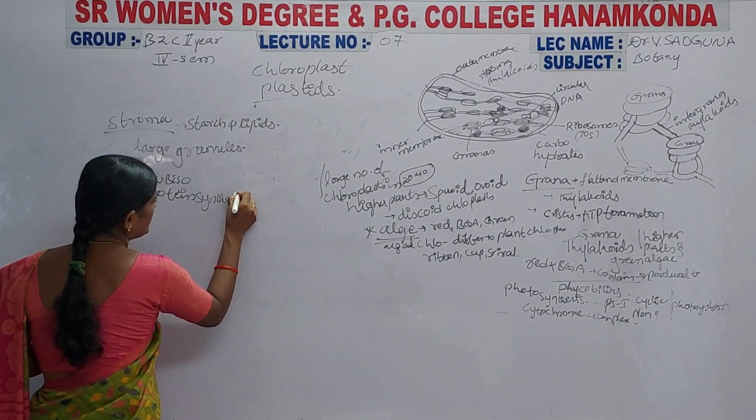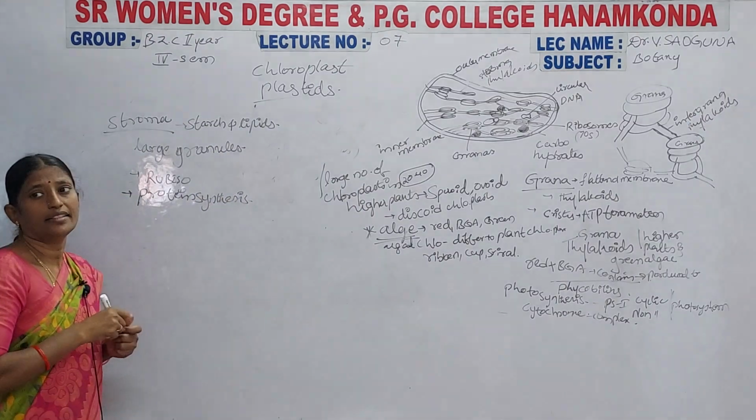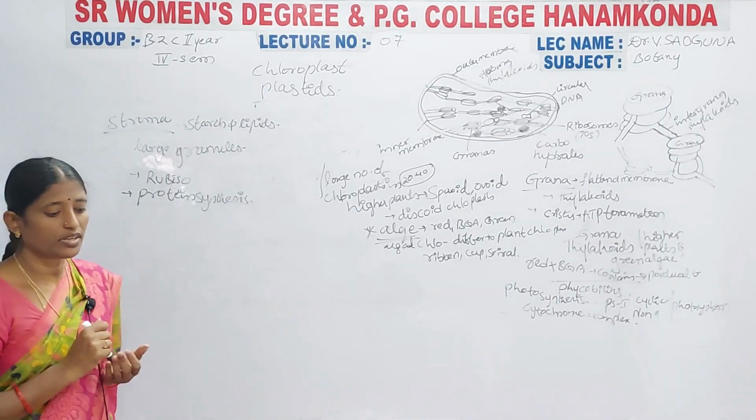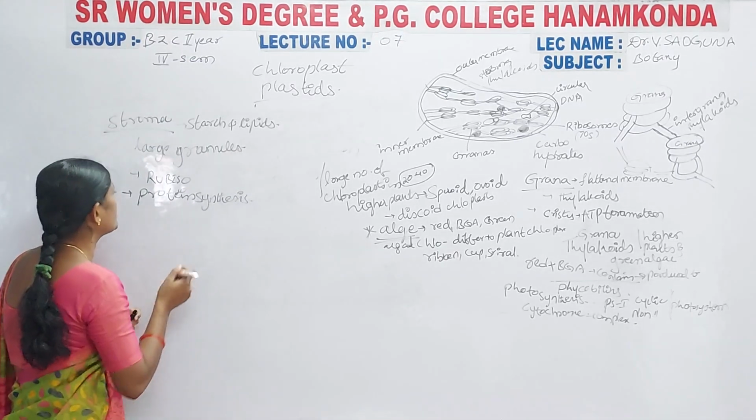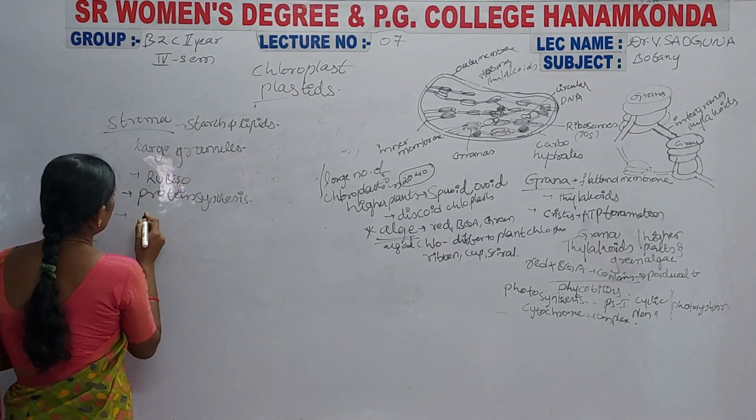Protein synthesis. And rubisco is mostly used in the dark reaction.